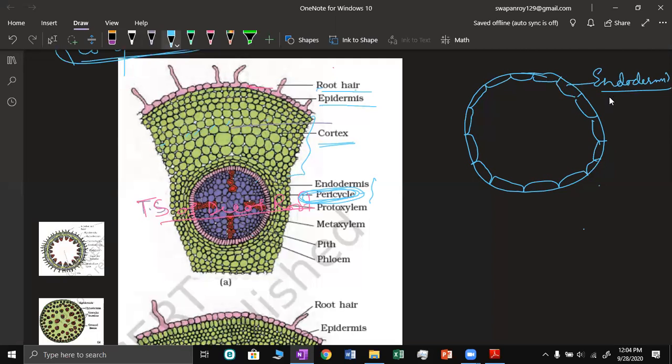This one is a single layer, and inner to the endodermis, this inner layer is called the pericycle.